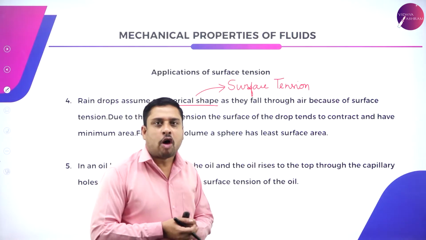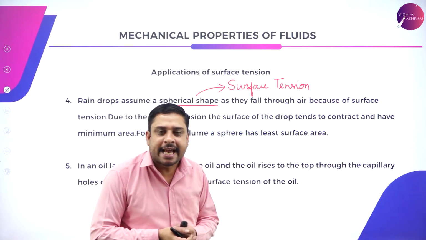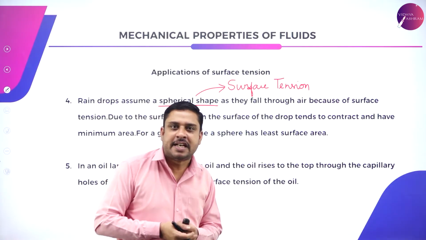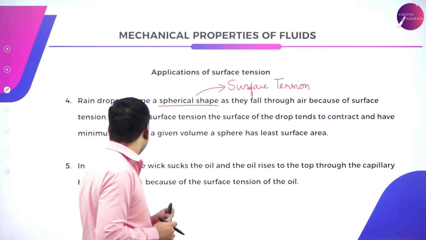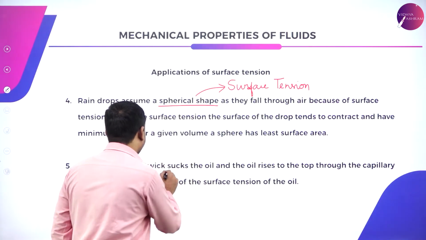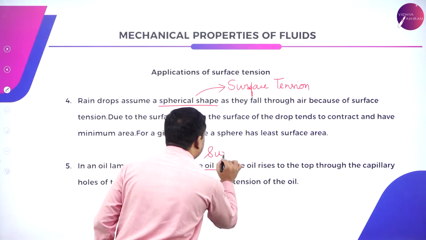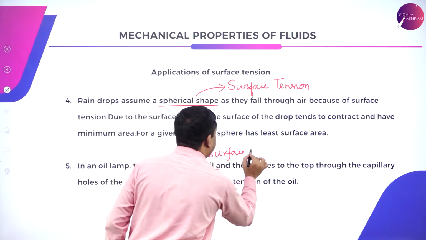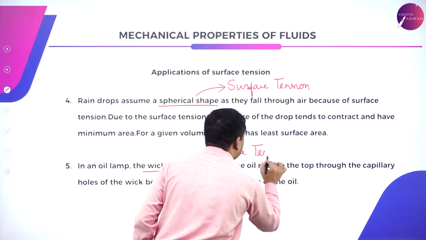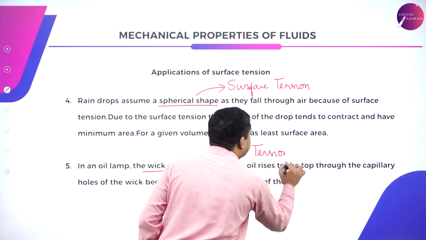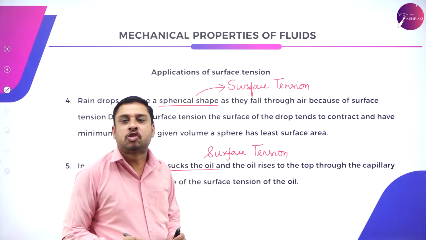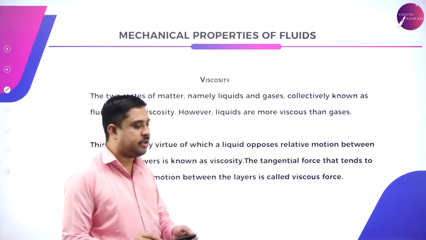So raindrops are spherical in shape due to surface tension. Oil lamp, it sucks the oil, again due to surface tension. So these are the various applications of surface tension.